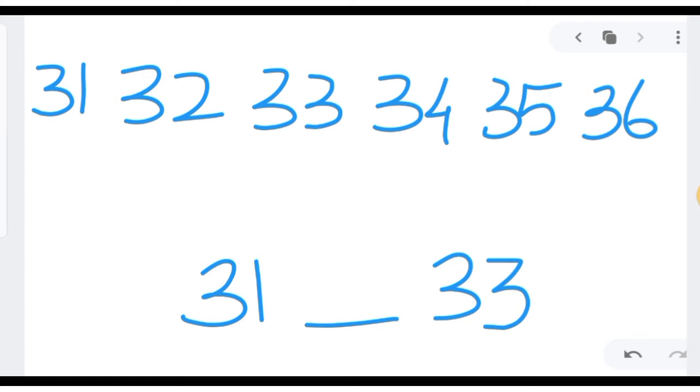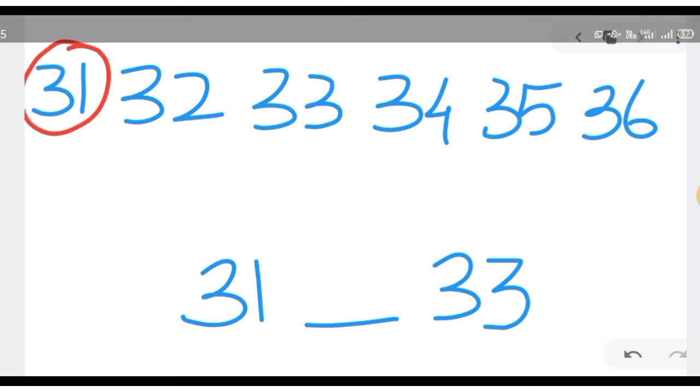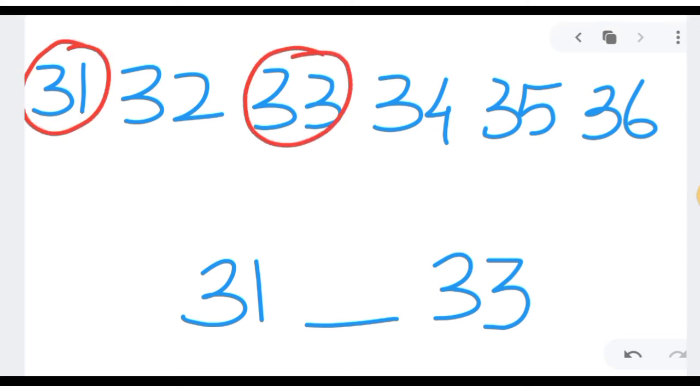Can you circle number 31? Yeah. Where is number 33? Yes, here. So what number comes in between? 32. Okay, so in between 31 and 33, 32 will come. Like this we have to find out.